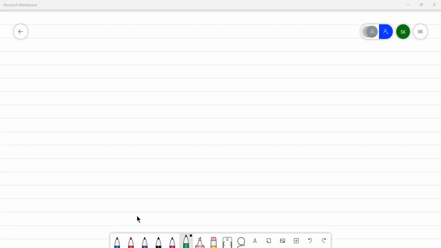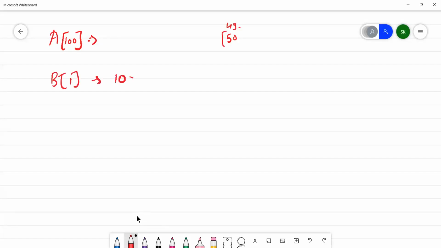But okay, let's just take this idea. Here is your array. I am saying it is of 100 elements. So you know the middle will be at the 50th index, or you can say 49th index, right? And in the other I am taking only one element, that is 10.